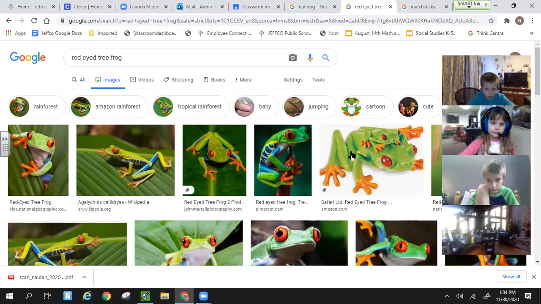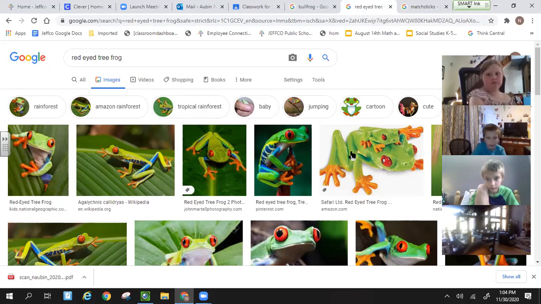Exactly. It's like a match, right? The toes are orange, though, not red like the matchstick. So the poet is comparing matchsticks to the legs of a red-eyed tree frog. Okay, and then we're going to look at the next line of the third stanza.